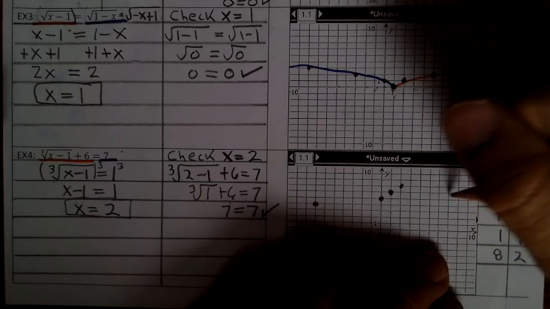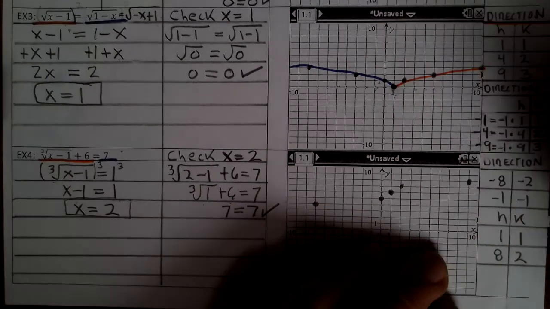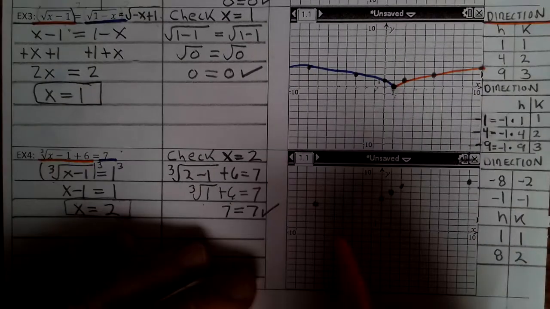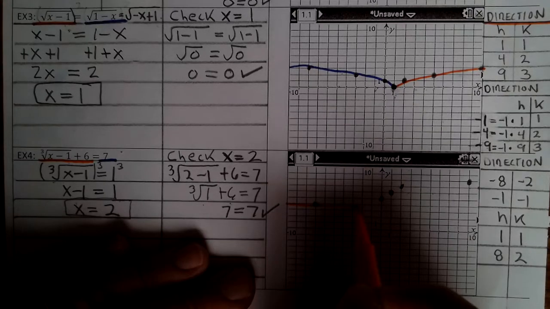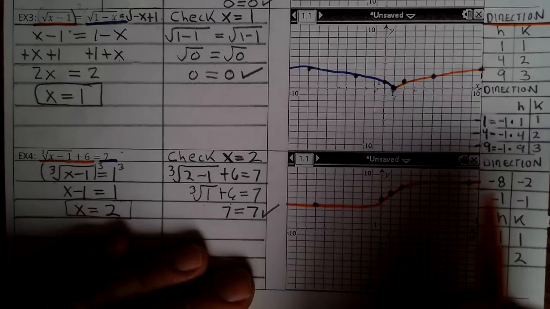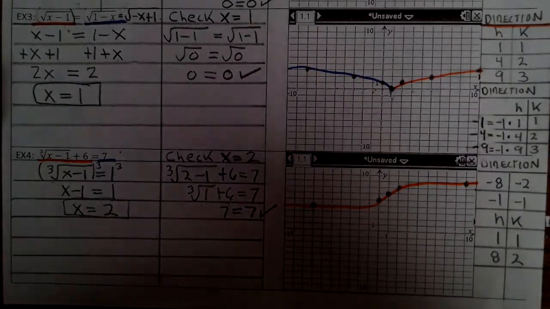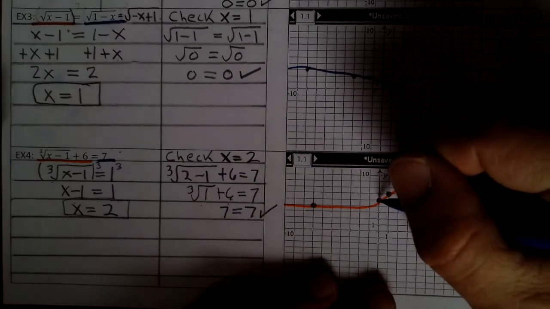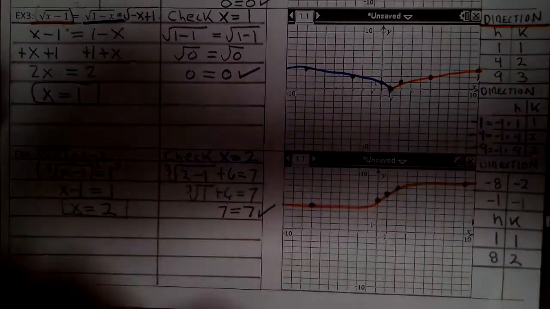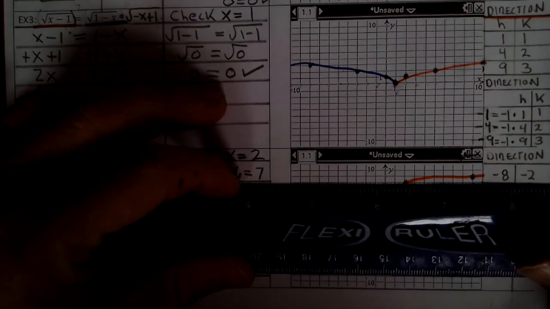All right, so now we graph the horizontal line at 7. So 1, 2, 3, 4, 5, 6, 7. Okay, so you can see here that they intersect when x is 2.